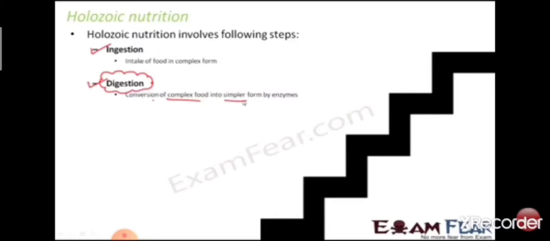And finally the next step is absorption. That is, the simple food now is absorbed into the blood or lymph. It is transported through the blood or lymph. So lymph is also a fluid like blood which flows throughout the body. It's like how the blood flows through the entire body.